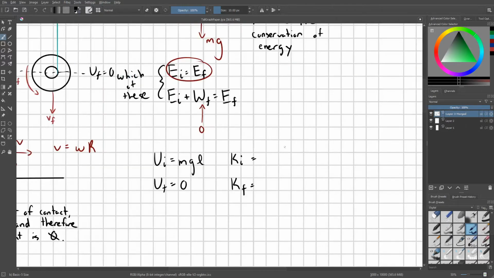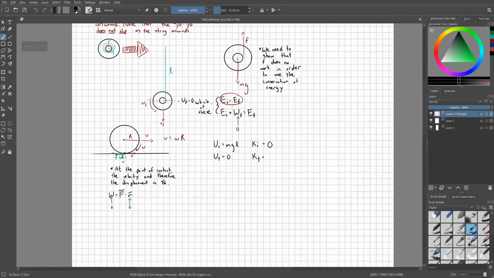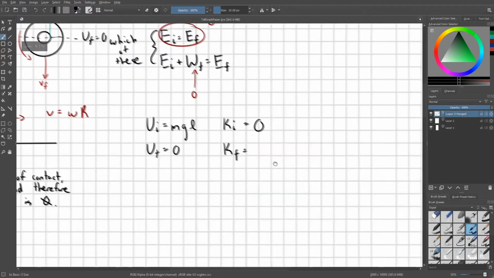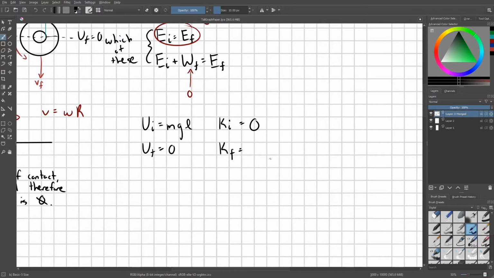Our initial kinetic energy is simply zero because we're just dropping the yo-yo. So we haven't given it any linear or rotational speed. Our final kinetic energy, we can break into both the linear and the rotational components. So we go 1/2 times m times v final squared plus 1/2 times I times omega final squared.